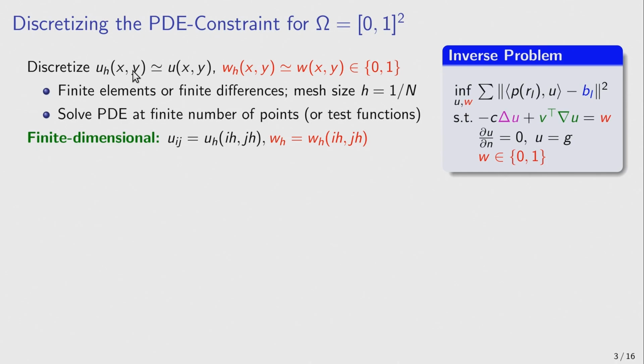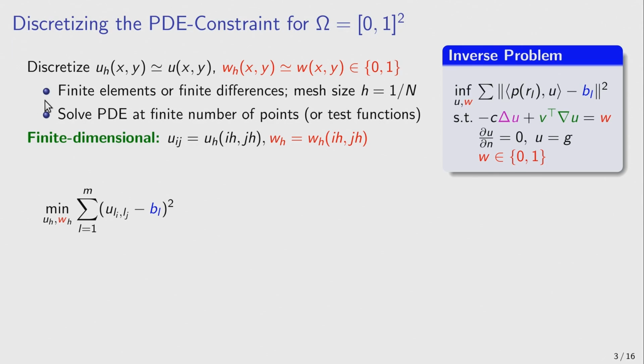So h is the mesh size that I'm going to use. The way I do it here is going to be the easiest one, which is finite differences, but you can also use a finite element approach, and that's typically a preferred approach when you solve these problems. But I wanted to show you what this looks like in finite differences.